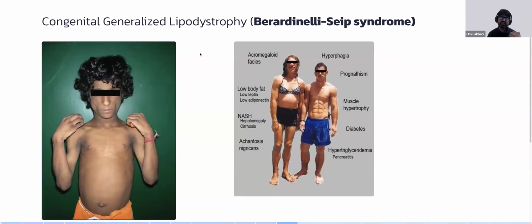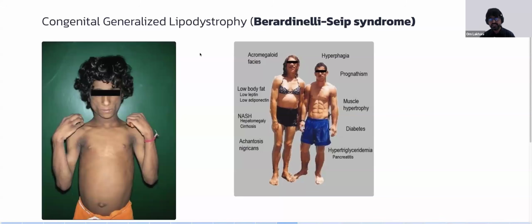So where does this fat go? Fat starts getting deposited in ectopic locations. They start having liver fat, so they start developing liver disease. They develop cirrhosis of the liver and the MASLD type of spectrum much earlier. The fat gets deposited in the organs of the body rather than in the adipocytes where it is supposed to be deposited.